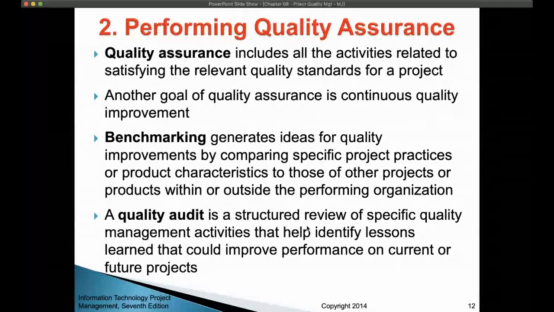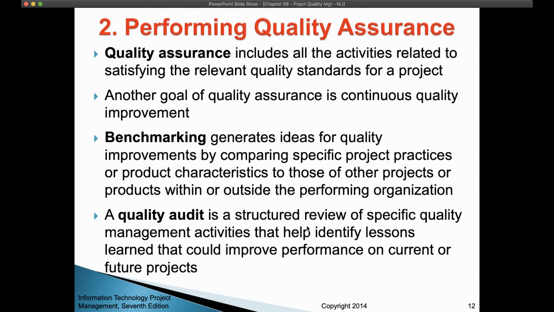The second process is performing quality assurance. Quality assurance includes all the activities related to satisfying the relevant quality standards for a project. So ensuring that all the activities are satisfying the standard. This is the quality assurance.